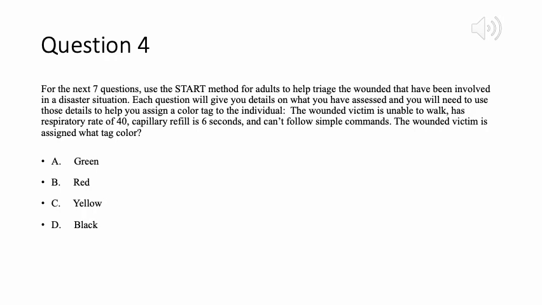So this first question is, the wounded victim is unable to walk, has a respiratory rate of 40, cap refill is 6 seconds, and he cannot follow simple commands. Which color is this victim tagged as? So the answers are A, green, B, red, C, yellow, or D, black.